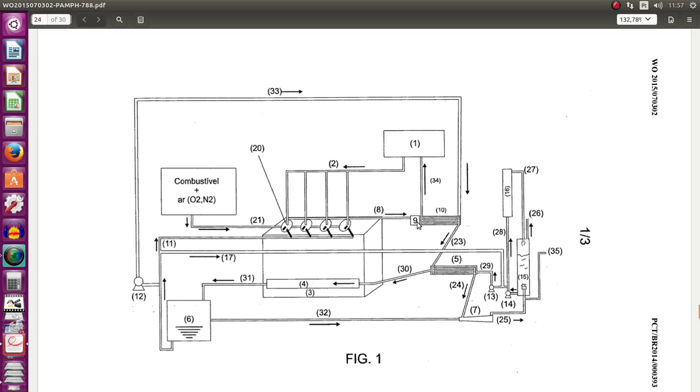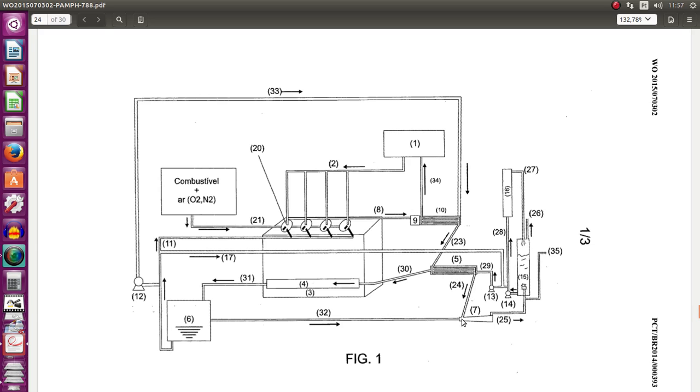So part of this heat is exchanged with the liquid, and this liquid that is warm is evaporated and becomes high temperature steam. So the number 23 is basically the exhaust gas at lower temperature.